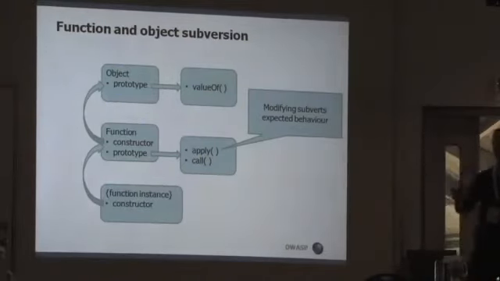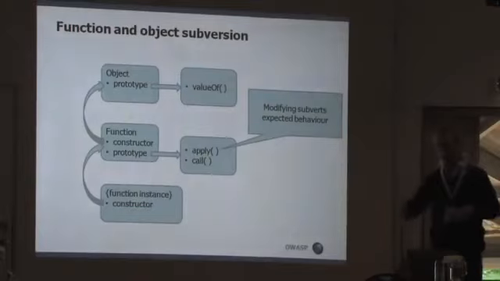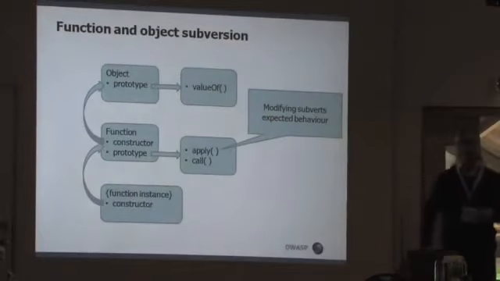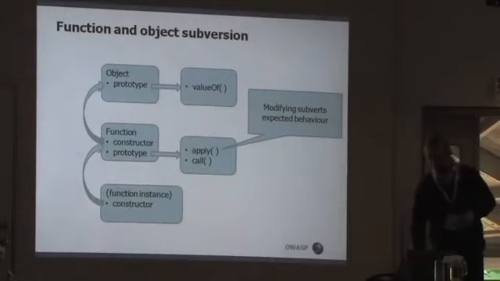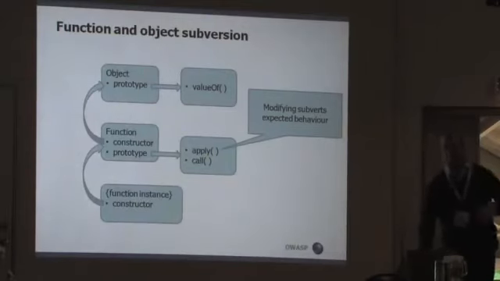But if we modify that apply, then we also modify how it behaves for the function instance. And that is something that is accessible to the user code after wrapping the function itself.